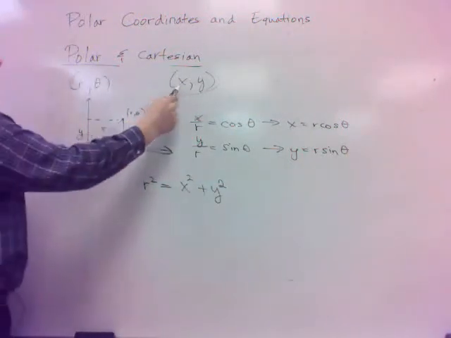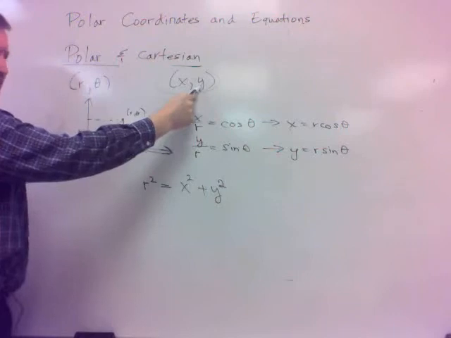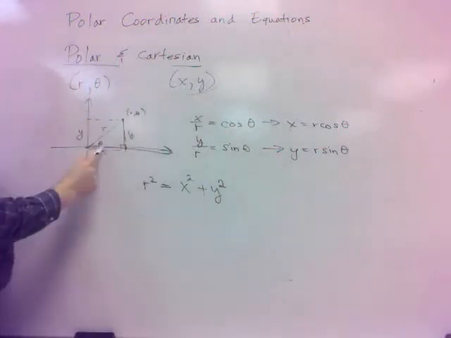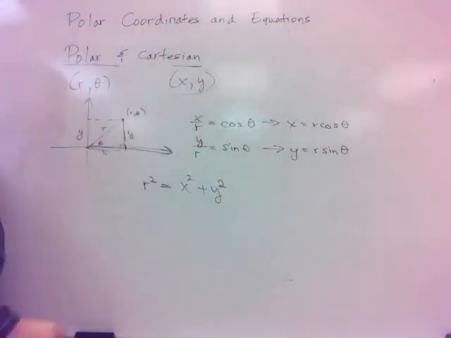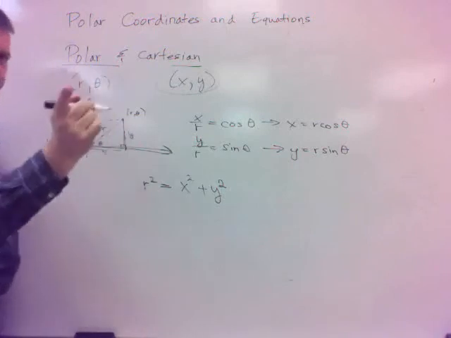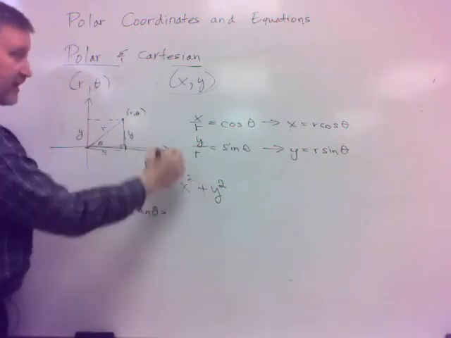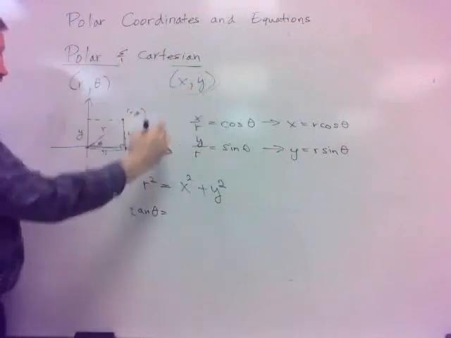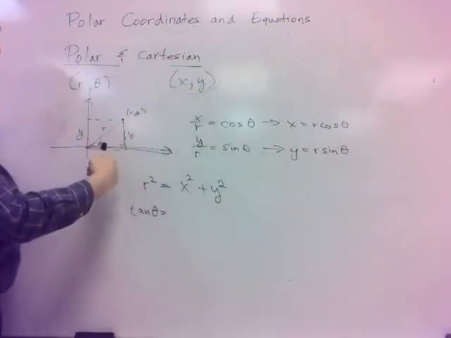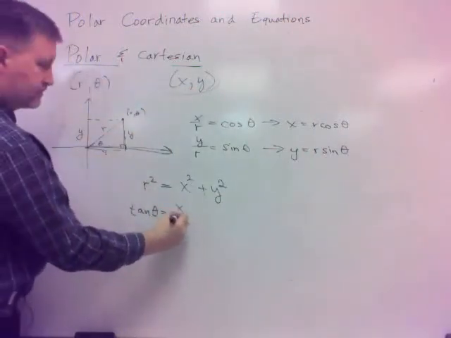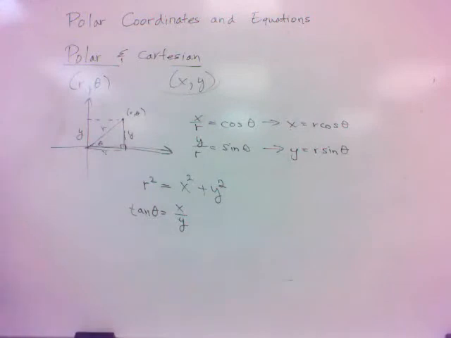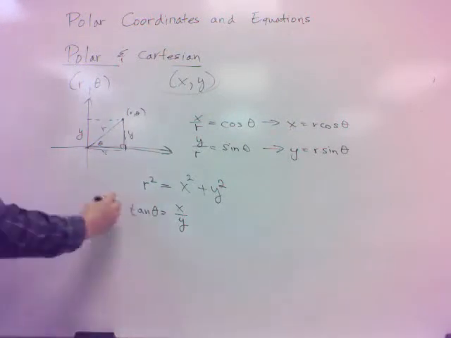Because this is what I'm thinking about, what if I have the xy and I want the r theta? Well, r squared is x squared plus y squared. What about theta? Well, that's where tangent comes in, isn't it? Isn't the tangent of theta, again, I know xy. Wouldn't tangent of theta be x over y?